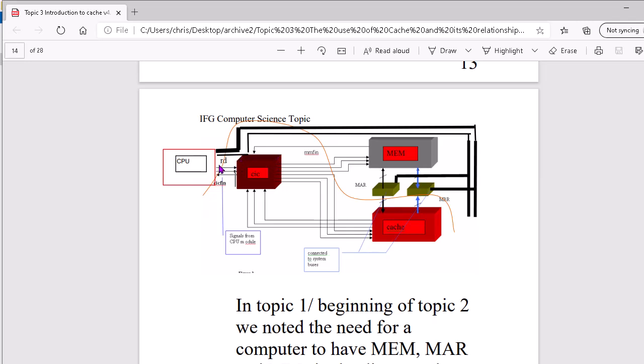Well, it can intercept a read signal, and if it gets a read signal, what it's going to do is to relay the read command or the read instruction to main memory. And this is after the CPU has actually put an address into this register, and it's going to wait. But at the same time, the CIC is actually going to send, I think it's a check command, a check signal to cache.